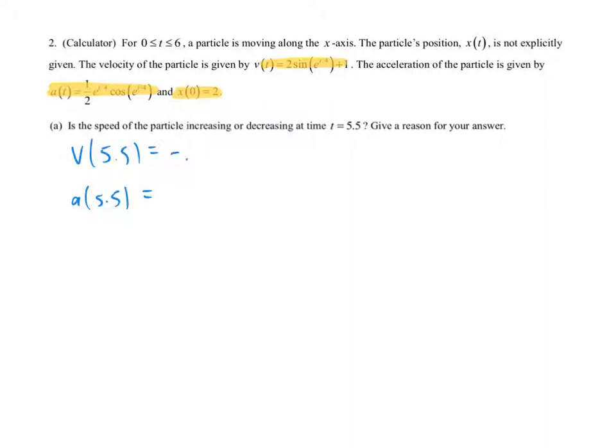And when I do that, I get the answers for the velocity to be negative 0.4533, and for the acceleration, I get negative 1.3585. Now, since the velocity and the acceleration are both negative, therefore they have the same signs, what we can say about the speed is that the speed is increasing.